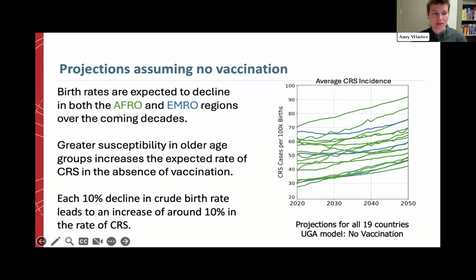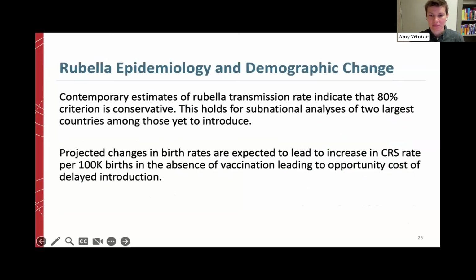Next slide. The net result of this is an increase in the number of CRS cases per 100,000 live births projected into the future in the absence of vaccination. On average, each 10% decline in the crude birth rate leads to around a 10% increase in the number of CRS cases per 100,000 live births. Once again, this is in the absence of vaccination. Next slide.